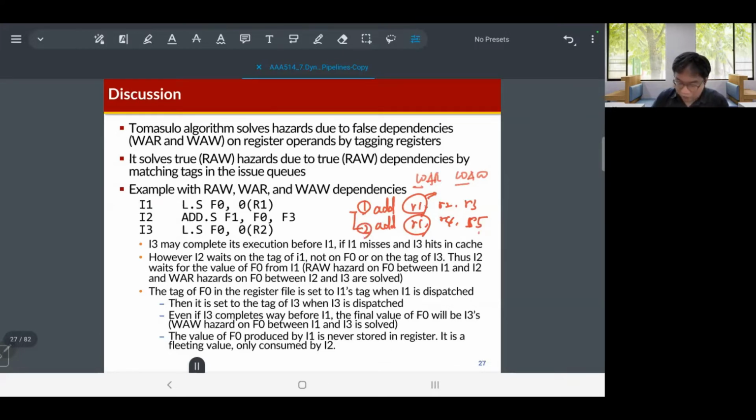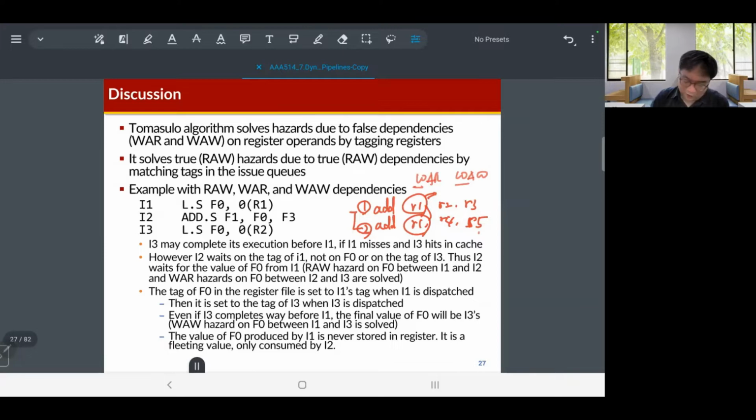These two add instructions have the same destination register r1, but the data stored in r1 by add instruction 1 and by add instruction 2 are different.